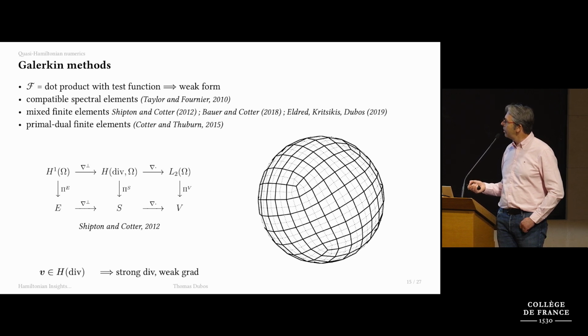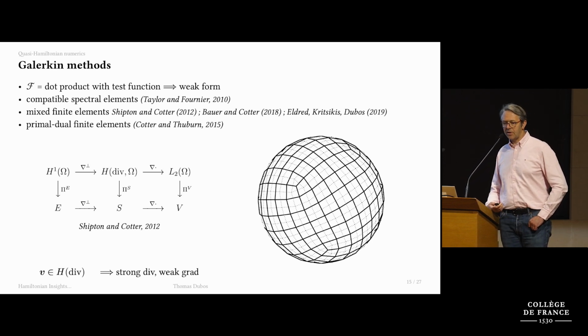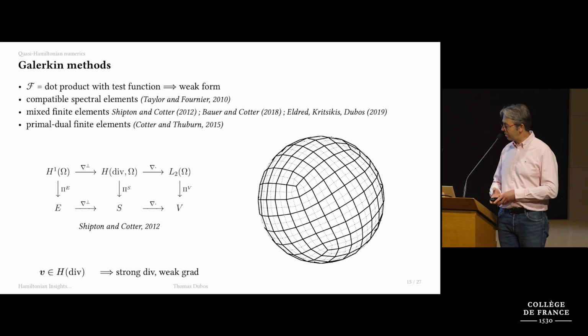Then you have a rotated gradient that gives you non-divergent velocity fields, and then you have a divergence operator that gives you mass fields, all with some kind of commutation diagrams that give you nice mathematical properties. This has been used, for instance, in the Met Office's latest version of the weather forecasting model, and also the American E3SM high-resolution model.